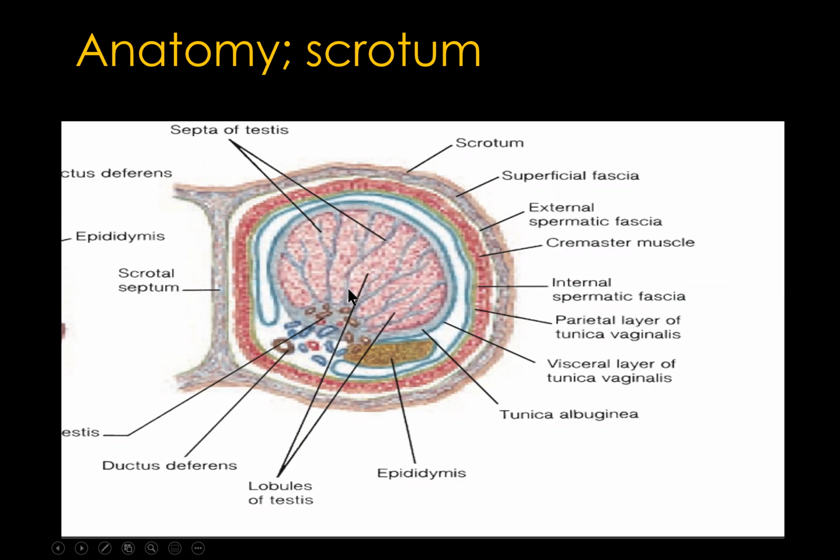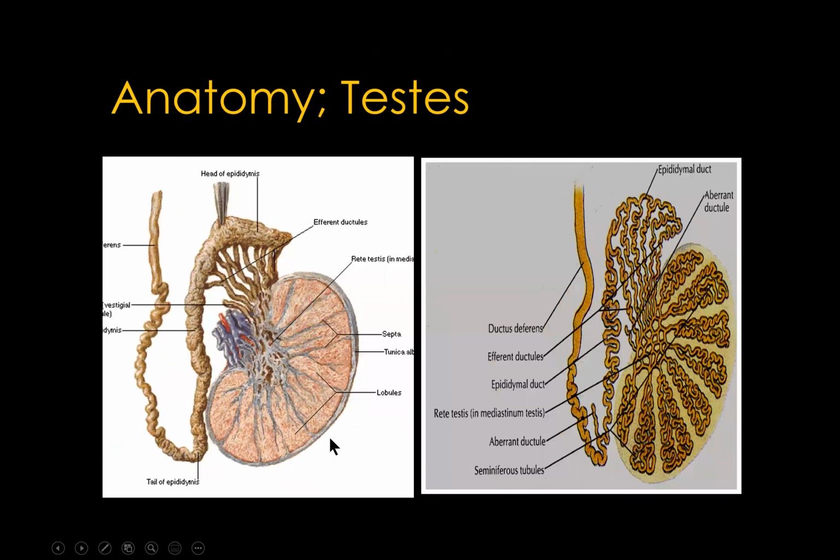The testes are ovoid glands covered by the tunica albuginea. Internally, there is a projection that forms septa. The septation projects internally from the outer side and divides the testis into small lobules.